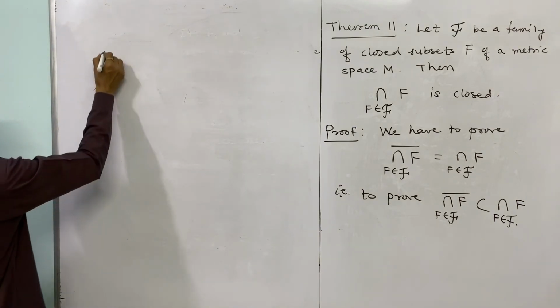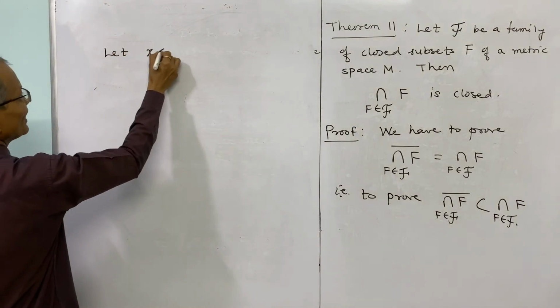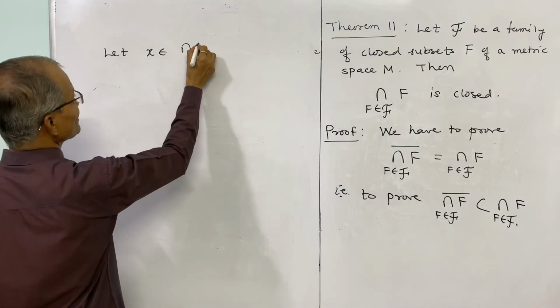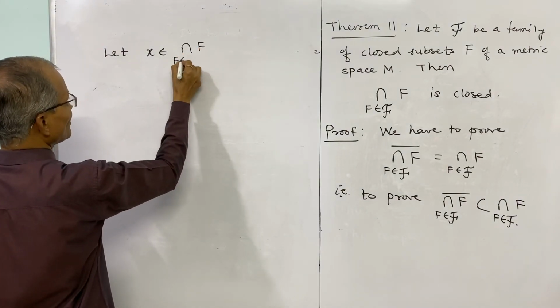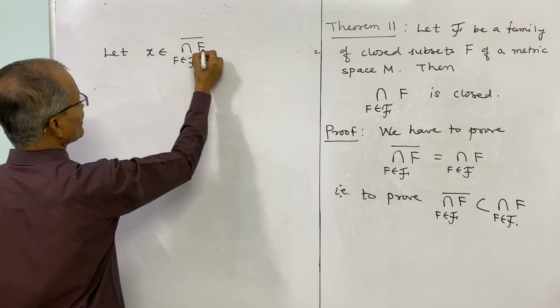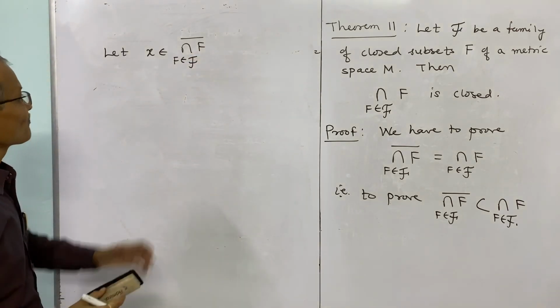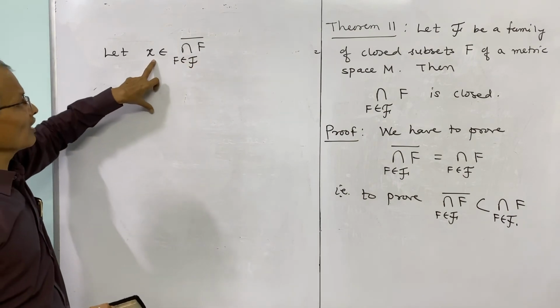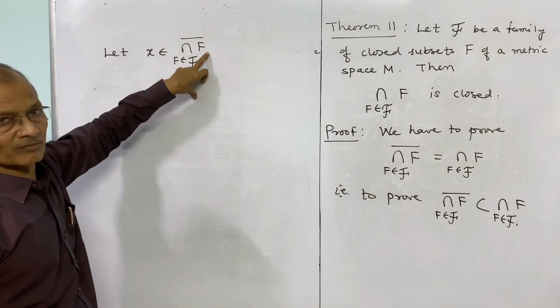Now for that purpose, let X be an element in the left side set, that is, the closure of the intersection of F belongs to script F. This implies X is a limit point of this, and therefore an open ball about X contains a point of this.